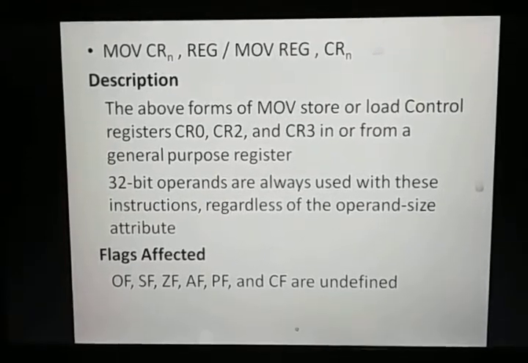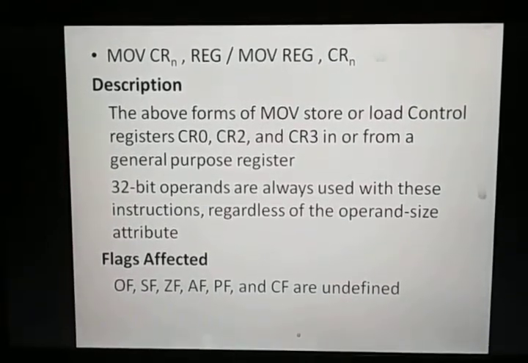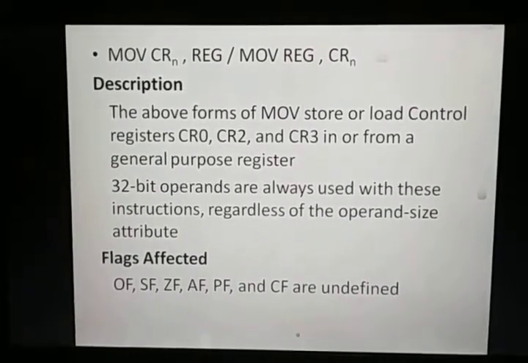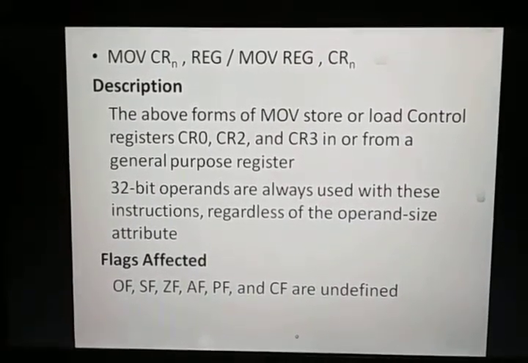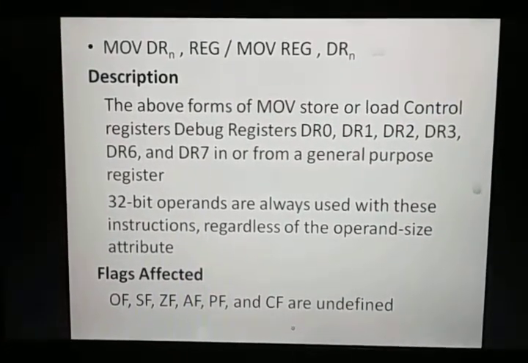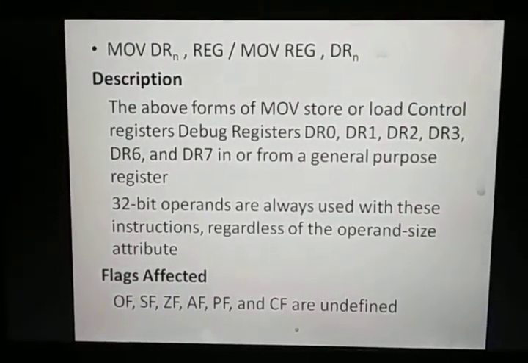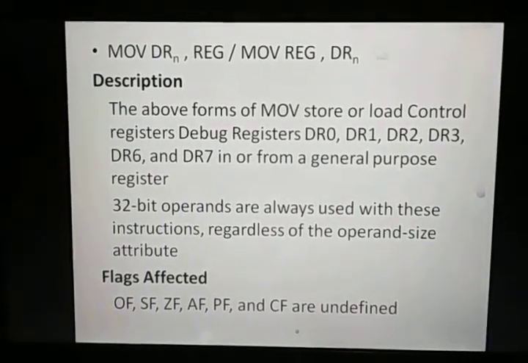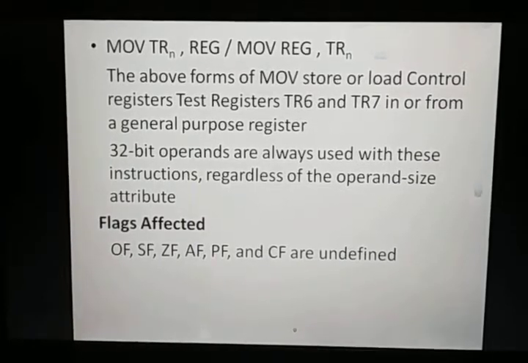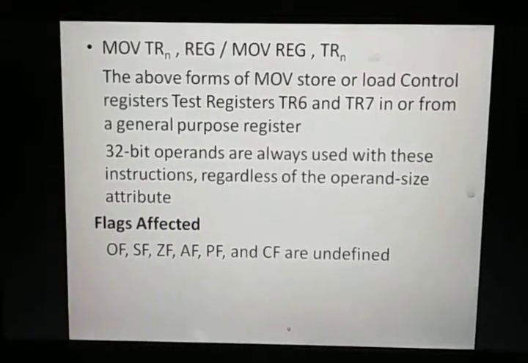In that case, the flags affected are overflow, sign flag, zero flag, auxiliary flag, parity flag and carry flag. The same thing happens with move debug register, from any register to debug or from debug to any register, and from test register to any register or from any register to test register.